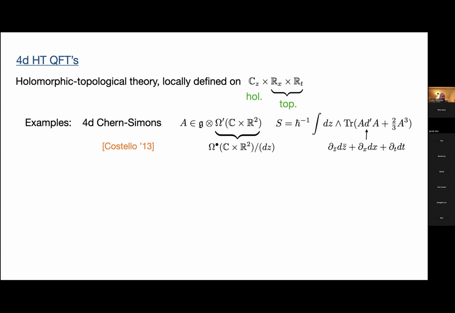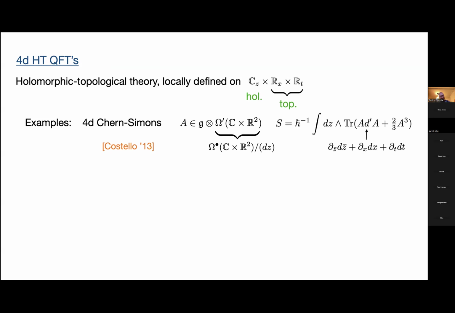An example of such a theory that's been used quite a lot recently is 4D Chern-Simons. It sort of sits between the holomorphic Chern-Simons that describes the space-time theory of the B model, and actual 3D topological Chern-Simons.